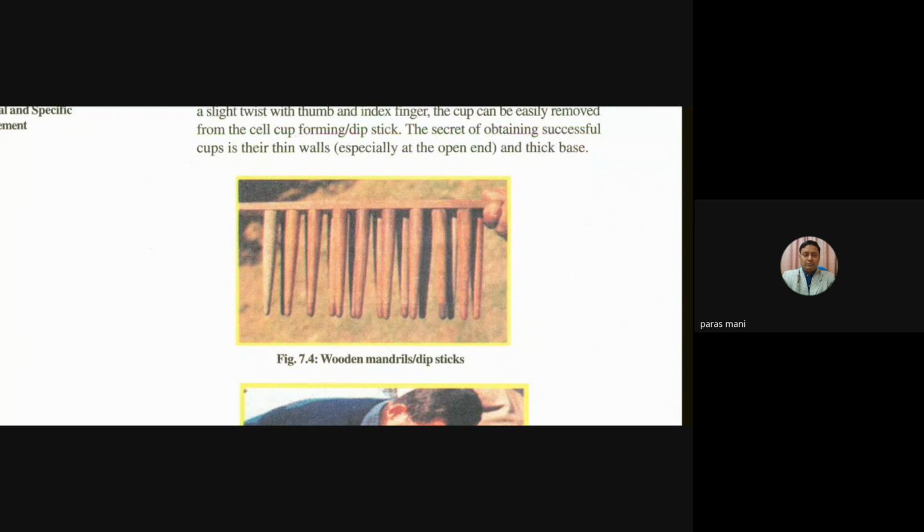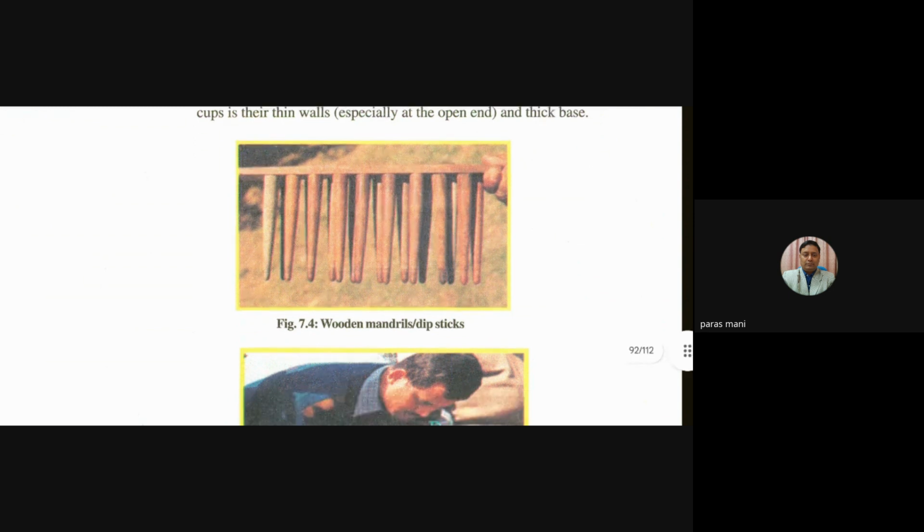Individual regular wood can be used for making these queen cup cells. You must standardize the queen cup sticks with respect to the size of the queen cells of that particular species. Apis mellifera will have a little larger cell, and Apis cerana has a little bit smaller queen cell cups.